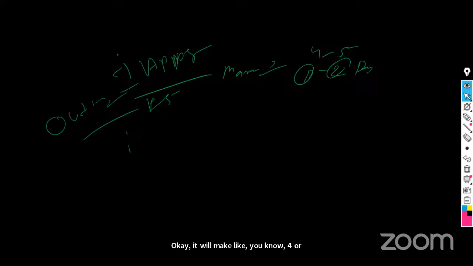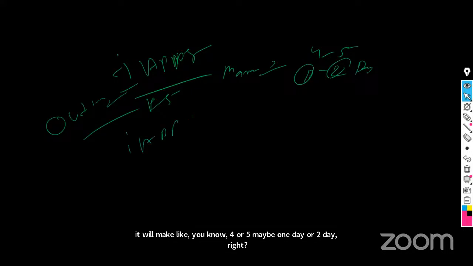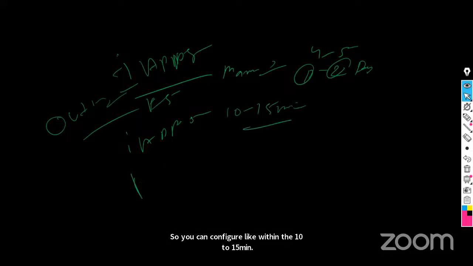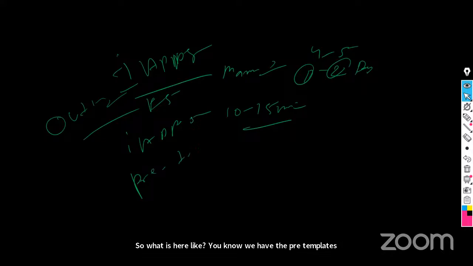But with the help of iApps, if you have everything in hand, you can configure it within 10 to 15 minutes. Here we have pre-built templates. We just put in the IP address and other required details, and click next, next, next.